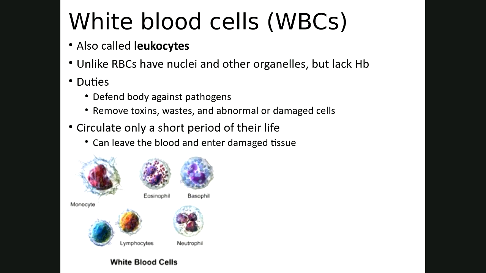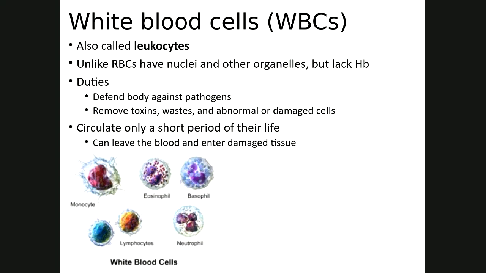Most of these cells are going to be immune cells in function, and they have some role in the immune system. Some of them are going to play a role in the non-specific defenses. So the defenses where it doesn't matter if it's a fungus, a virus, a bacteria, a worm, a single-celled amoeba, it's going to react the same to all pathogens.